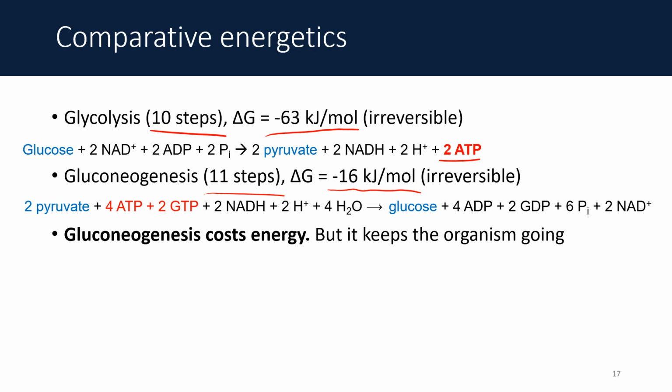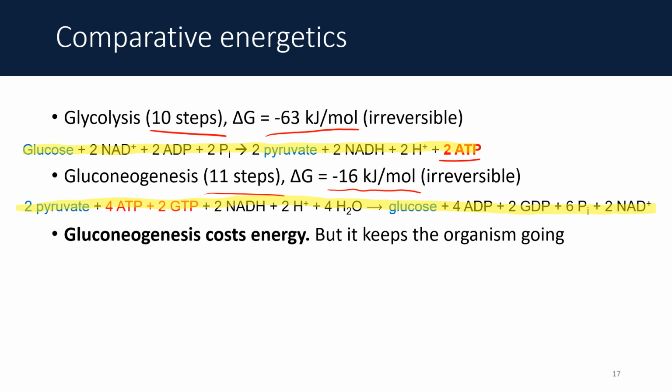I also want you to pay attention to the reaction equations themselves. Just by inspection, you can see that the reactants and products of glycolysis don't line up with those of gluconeogenesis. Most glaring, to me at least, are the ATP terms.